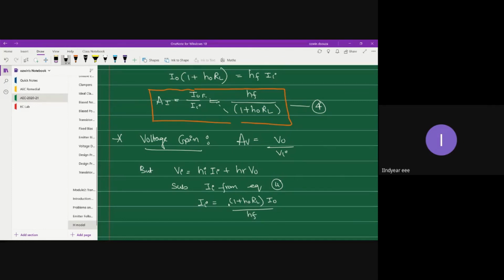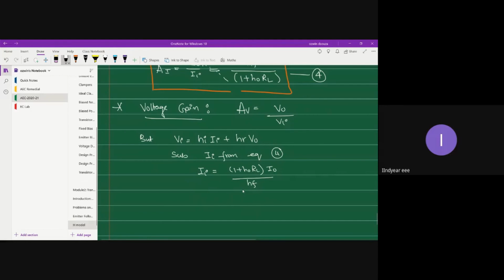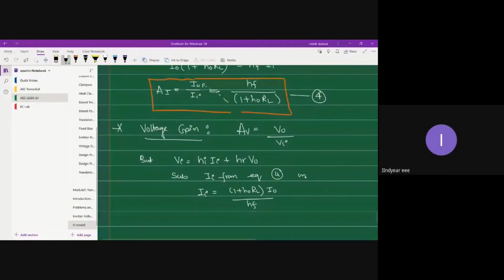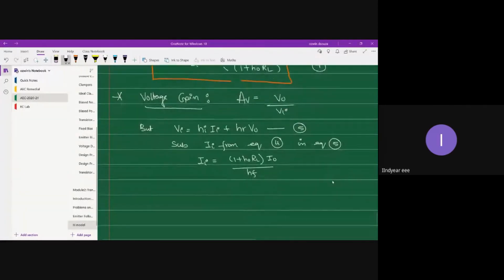So substitute Ii from equation 4 in equation 5. Let's do that. We have Vi is equal to Hi into Ii. Against Ii, we have this expression, 1 plus Ho RL into I naught divided by Hf, plus Hr into V naught.